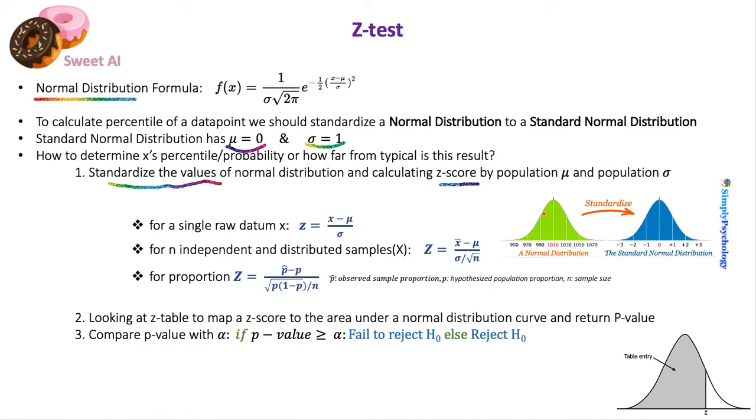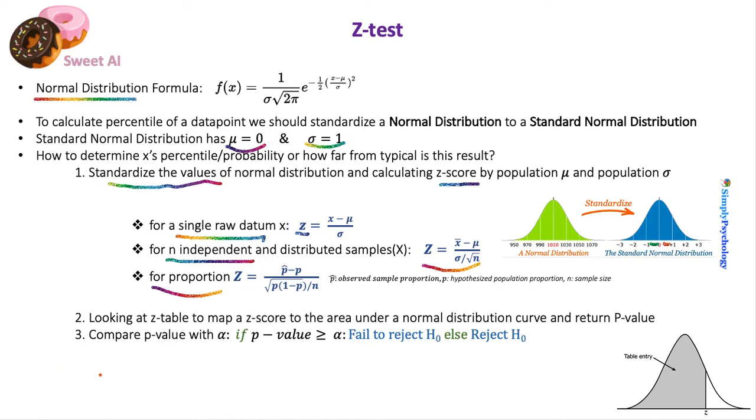As you see here, this is the normal distribution, the mean is 1010, and then we standardize it, and it's going to be 0, and as you see, we have the standard deviation of 1. If we have a single data point, this is how we calculate the z-score. If we have independent and identically distributed samples, this is how we calculate the z-score. And if we are talking about proportions, this is how we calculate the z-score.